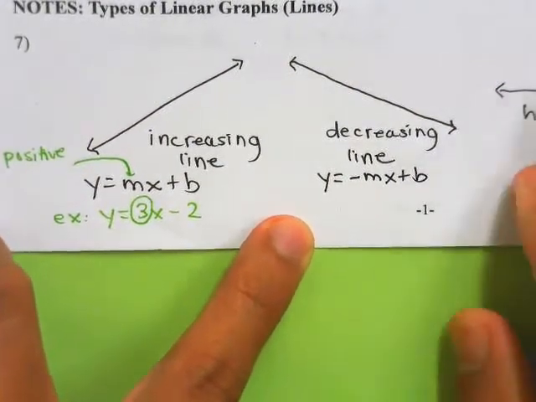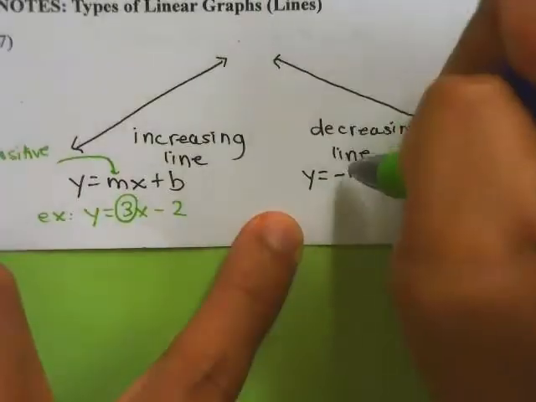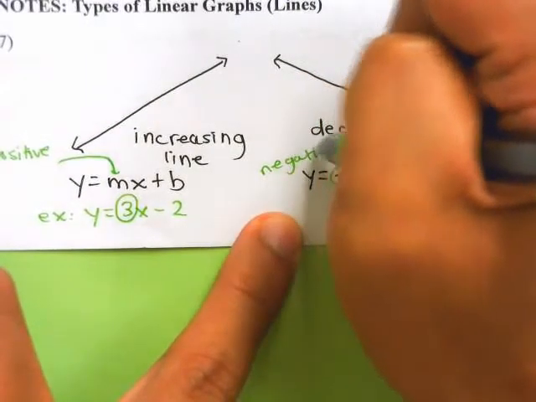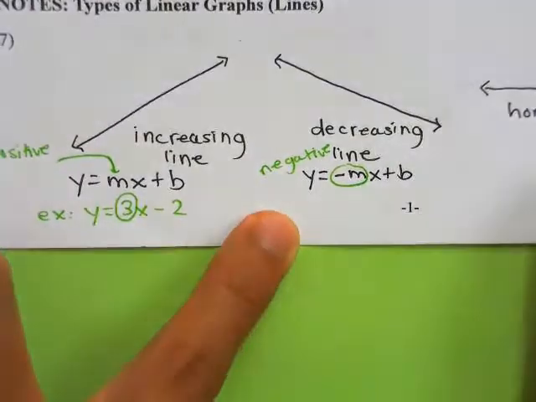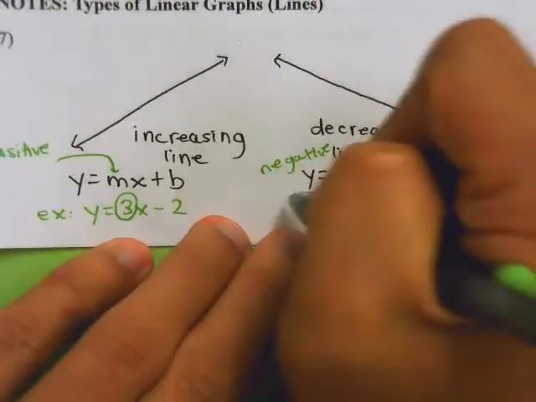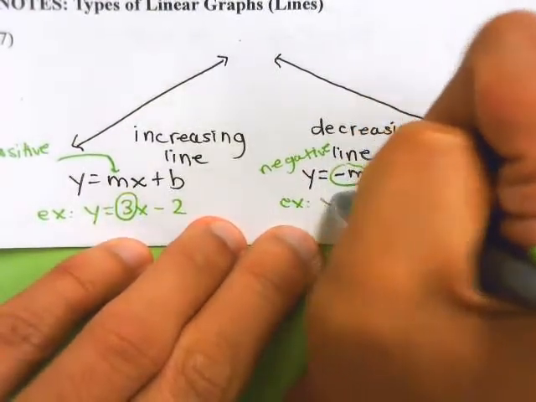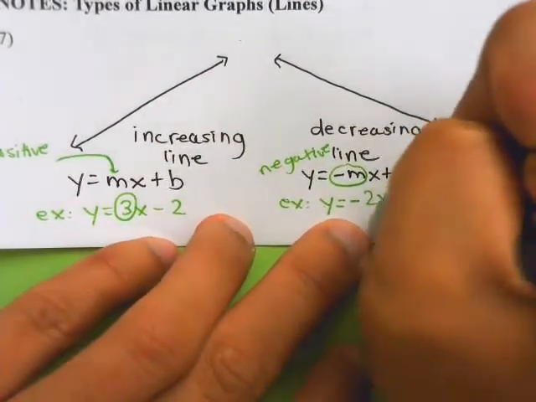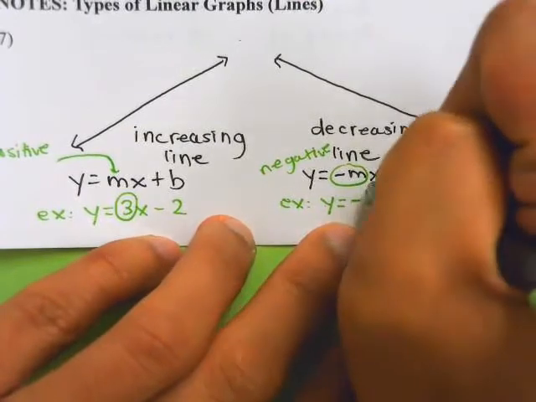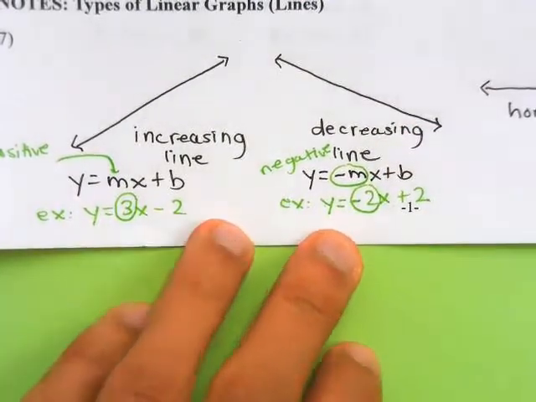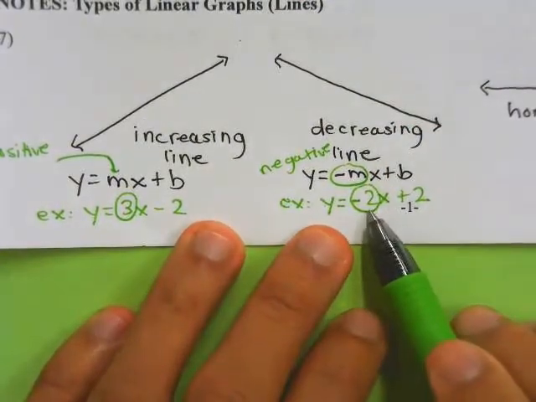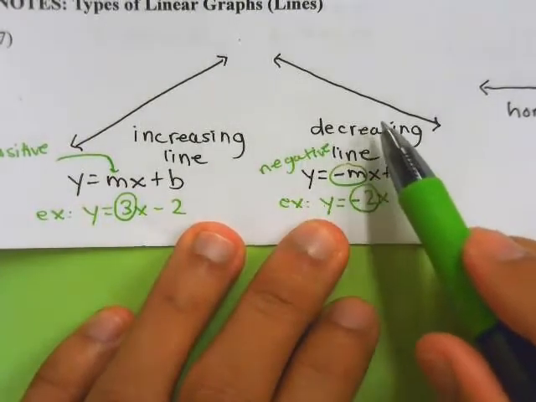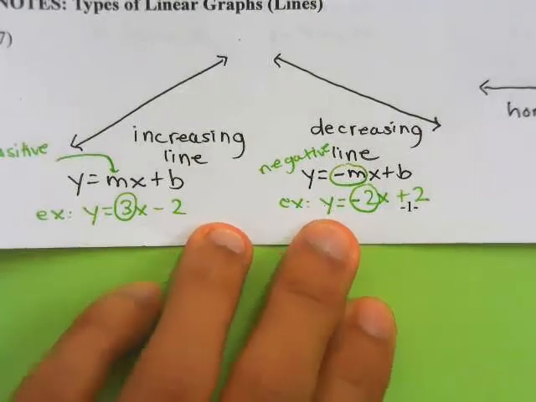Okay, so that means that this number over here is going to be negative. As an example, y is equal to, let's say, negative 2x plus 2. Notice that the number in front of the x is negative, and if that is so, then you're going to have a decreasing line without plugging in all these numbers.